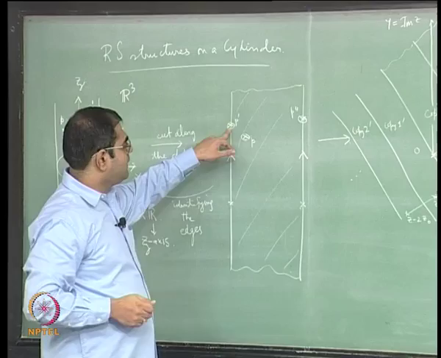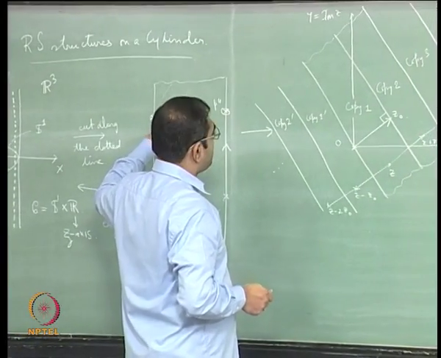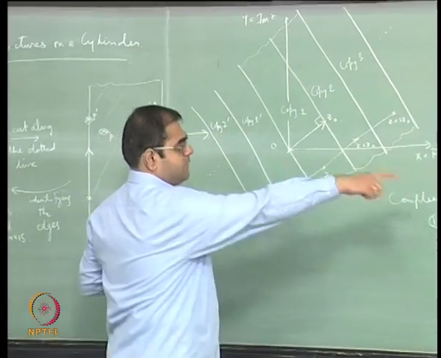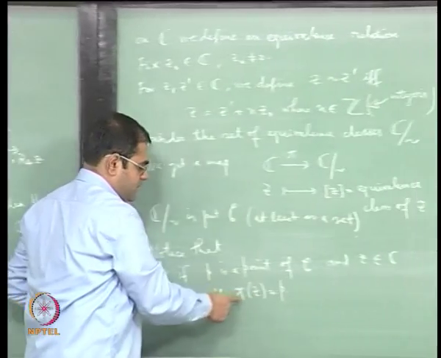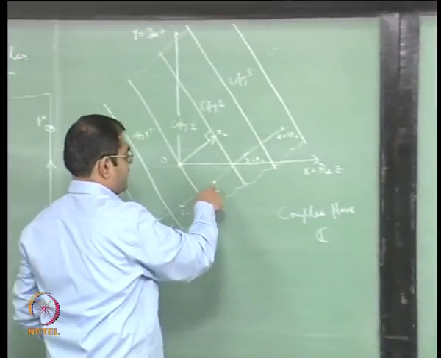And if I look at this point in these many copies that I have written down, then saying that the image of Z is P is the same as saying that that is one of those points.